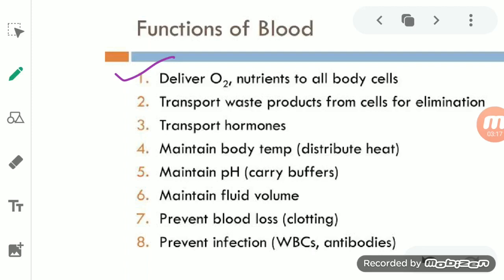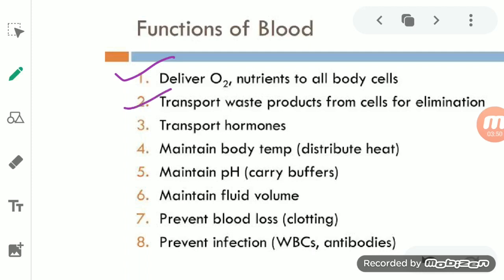The basic function of the blood is transporting oxygen to each and every body cell, where the oxidation of the food can take place easily. So blood is responsible for transporting oxygen to each body cell.